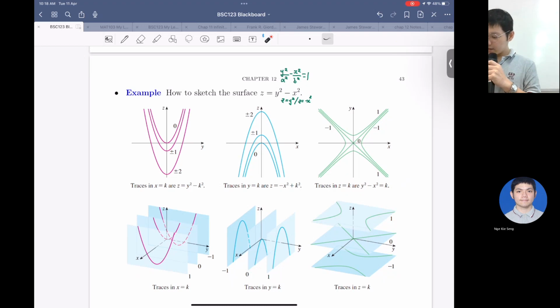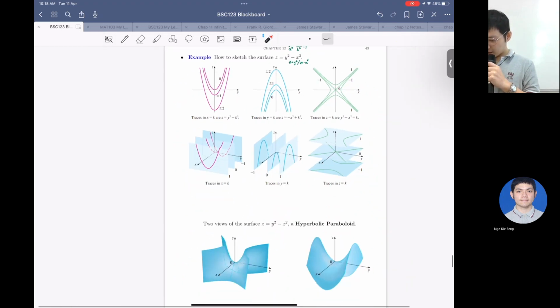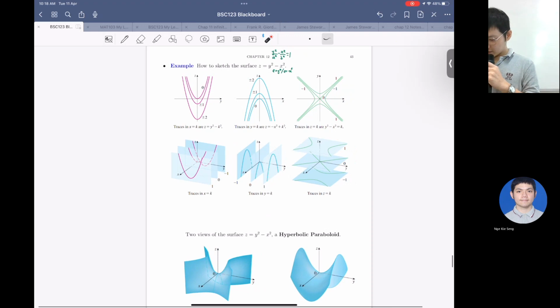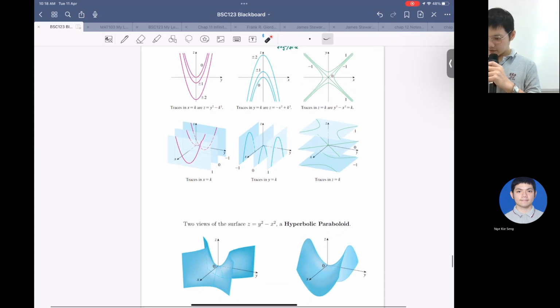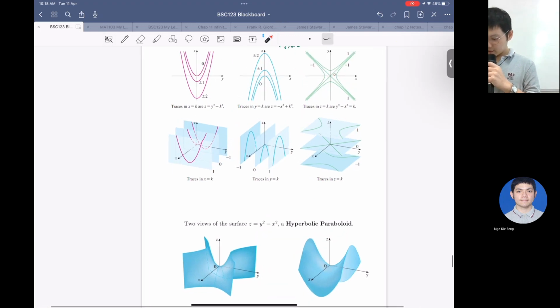So you need to combine these factors together, and then you will get the whole hyperbolic parabola. You can see in the z direction, you have this hyperbola growing. In the y direction, you have this growing. If you slice the z direction, you will have this hyperbola growing.